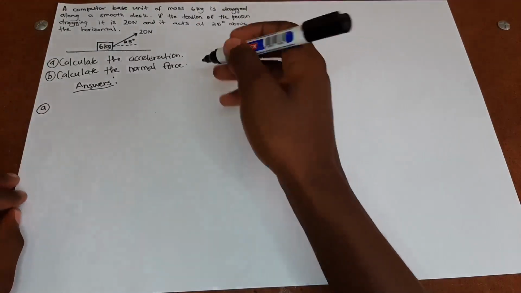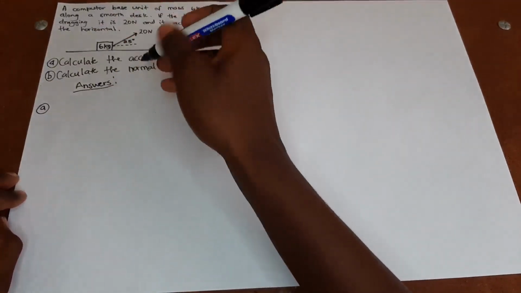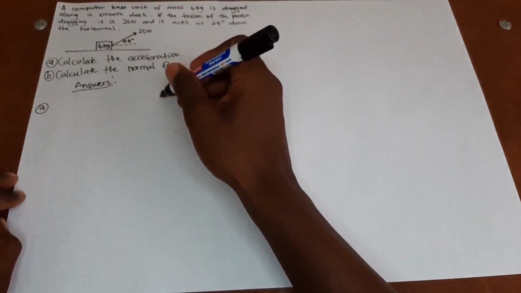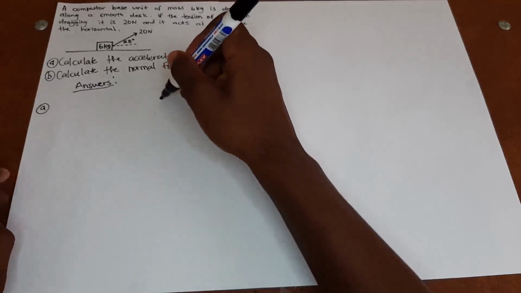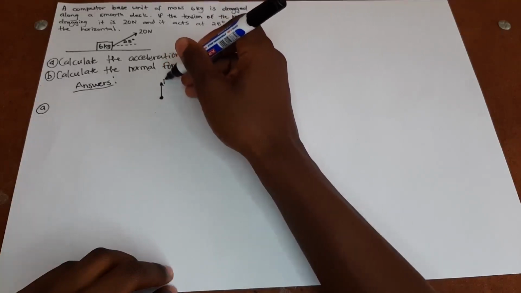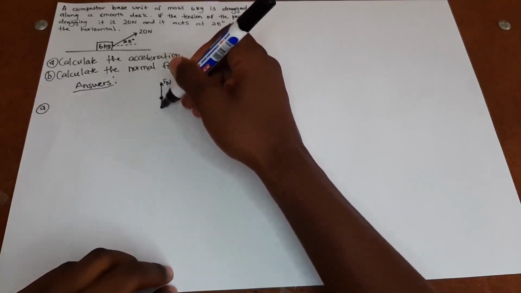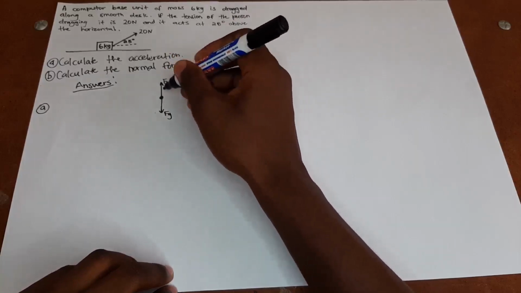So for that 6 kg block, let's first draw its free body diagram, although it's not asked of us. We have a normal force, we have a gravitational force, everything on that box.